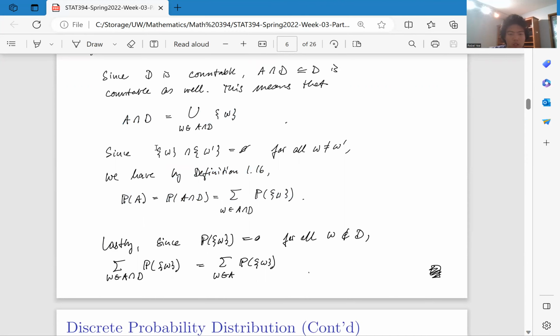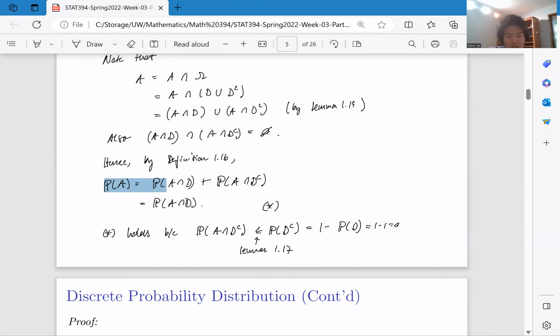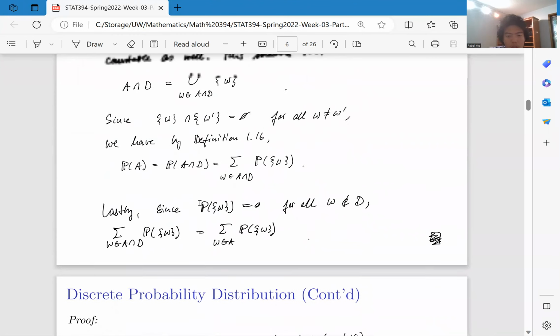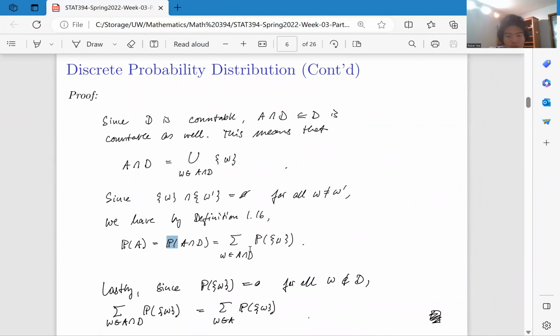This equation is very similar to this equation, and this equation is gotten from this formula here. And this formula is gotten from this formula.